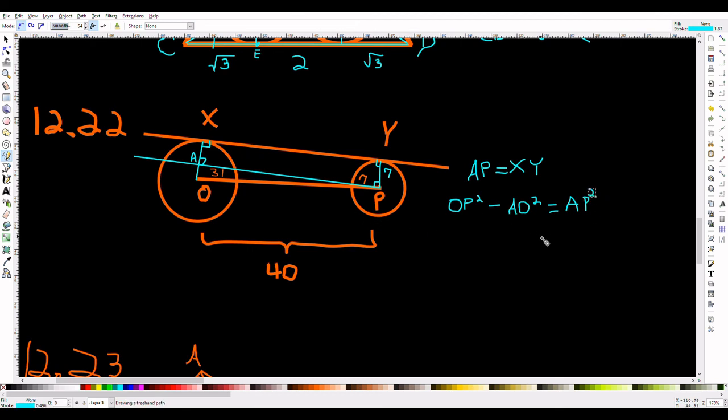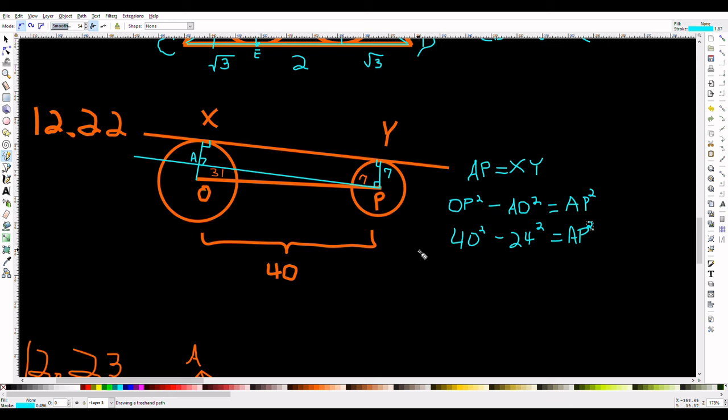And we know what AO squared is because we know that AO is 31 minus 7. 24? Yes, 24. 40 squared minus 24 squared equals AP squared. Okay, so finish solving out that problem and then take a look at it again.